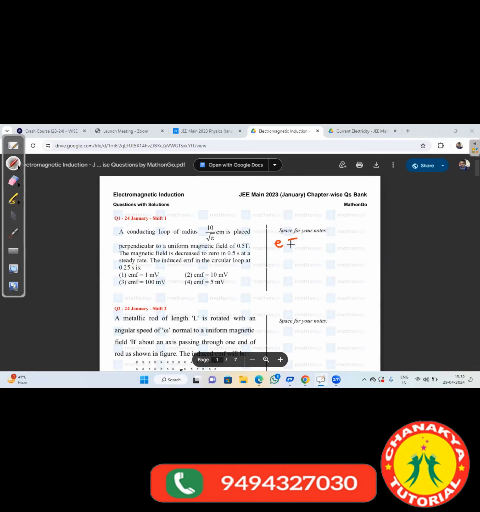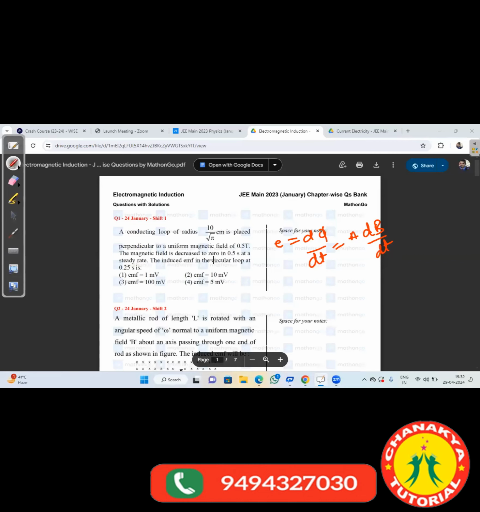We'll be utilizing E equals d phi by dt, and phi we will write as B times A. B is changing, but area is constant. So we'll keep area over here and dB by dt, the rate of change of magnetic field with respect to time. Now, what is the change of magnetic field? It says that a uniform magnetic field is 0.5 Tesla.